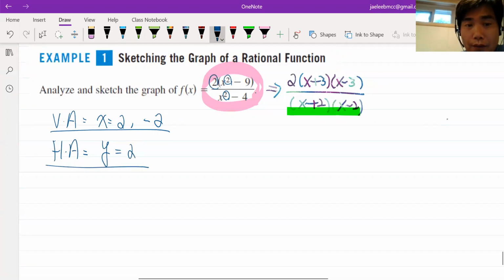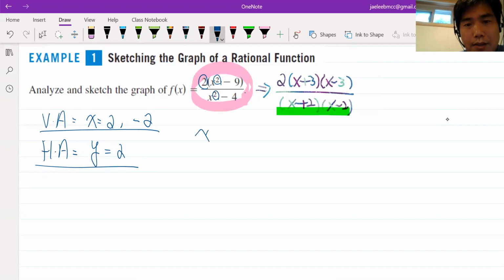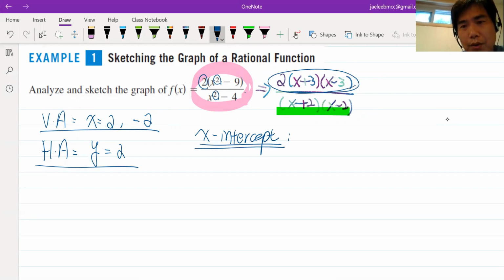Okay, other factors. What about the x-intercept? The x-intercept means we set the numerator factors equal to 0. Therefore, we find (−3, 0) and (3, 0). And what about the y-intercept?